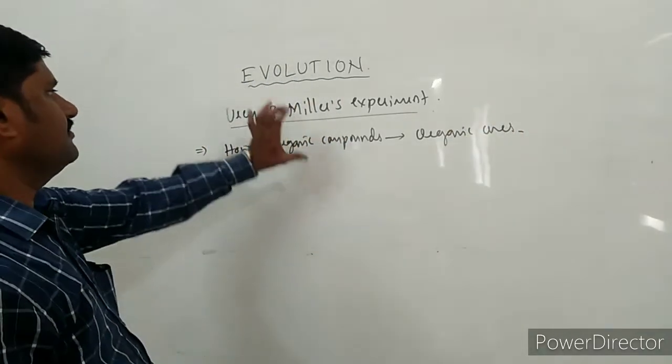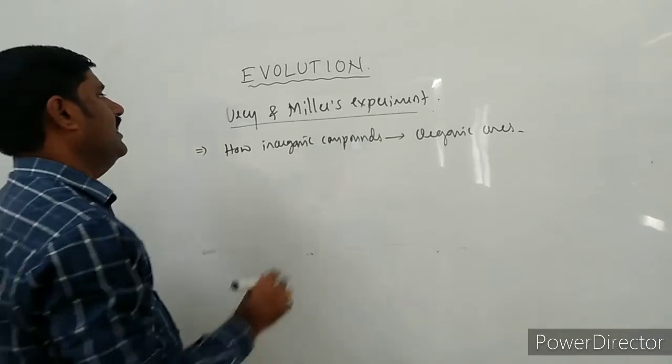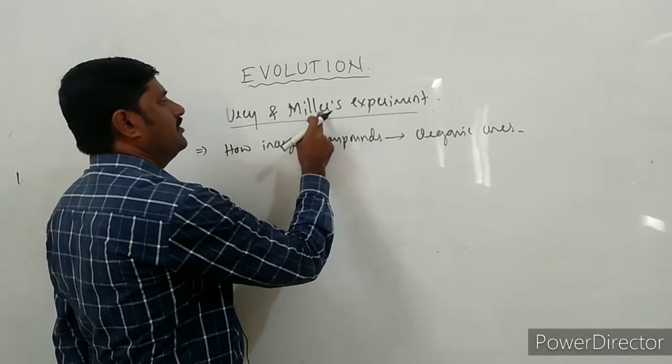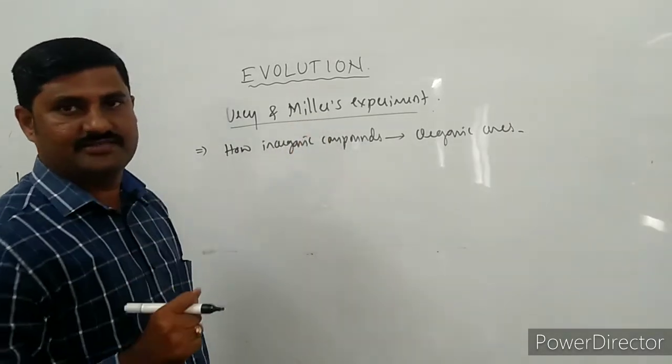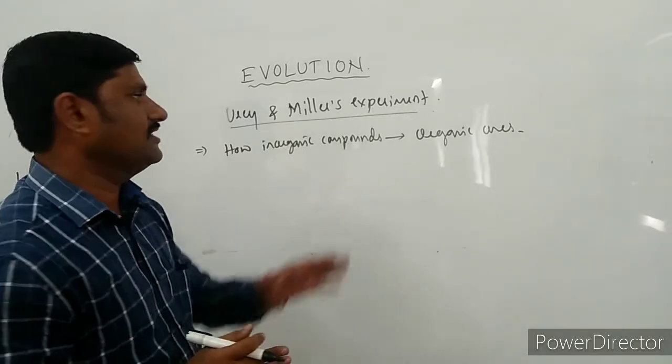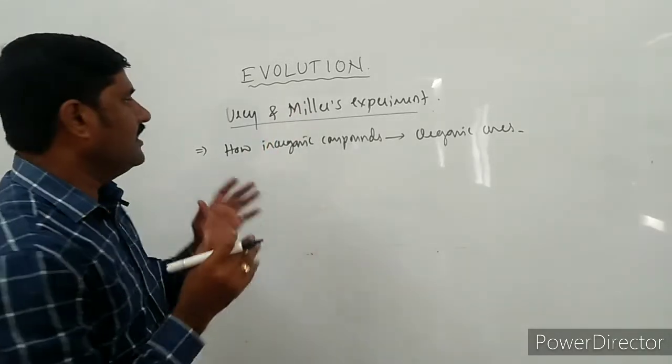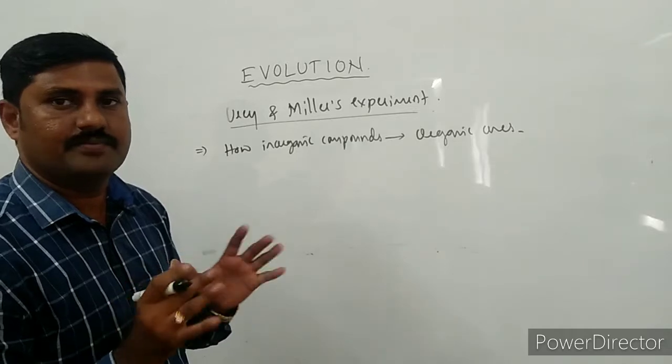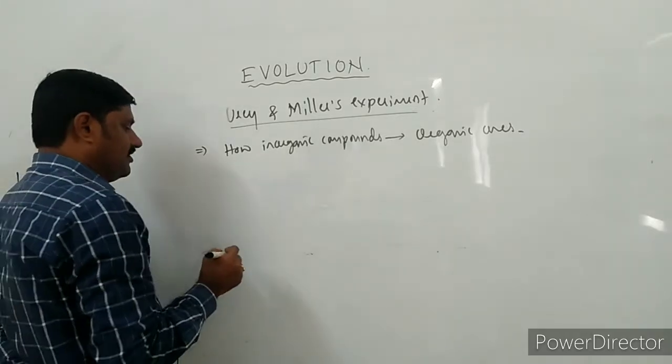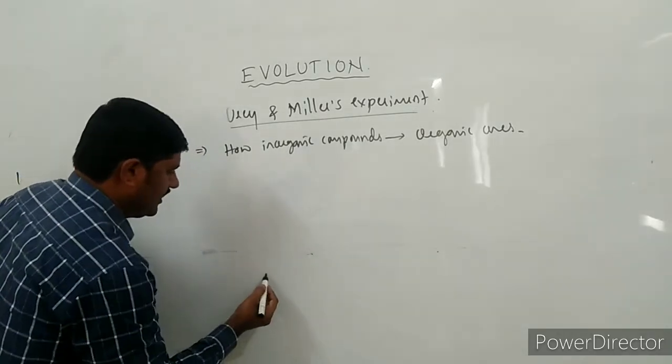This is the main concept of this experiment. In this experiment Miller used his apparatus, and that apparatus is called Miller's apparatus. Let us go through how that apparatus is. Let us draw the diagram of the same, right?